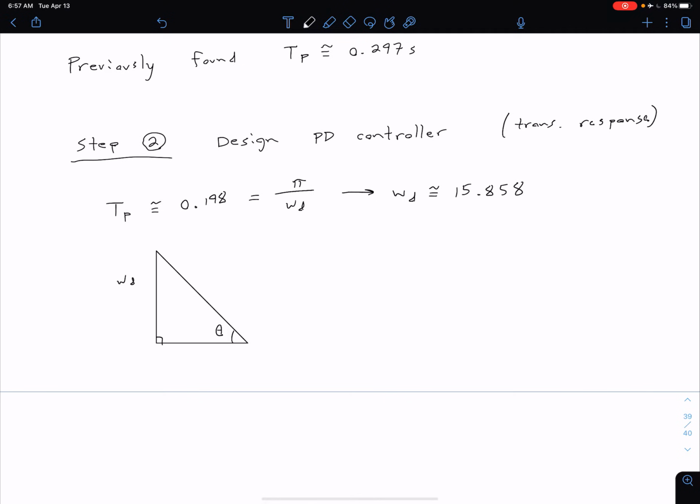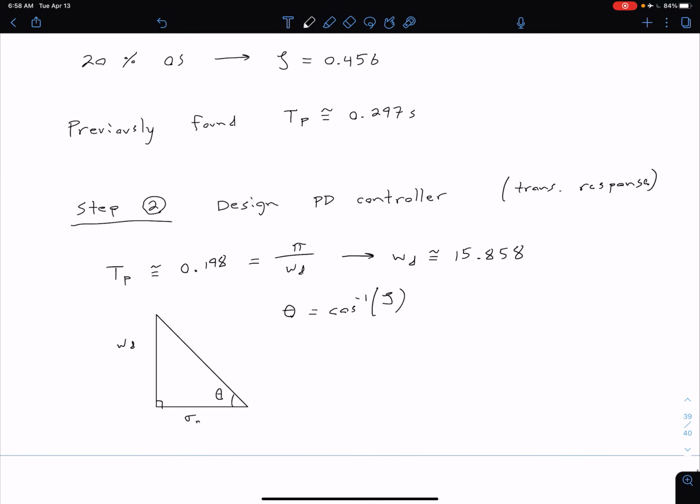And so now our imaginary part is going to be omega d, and let's call this our sigma sub n. And so that angle theta is related to our damping ratio. So it's going to be the inverse cosine of our damping ratio, which was the 0.456 that we found in the previous video.